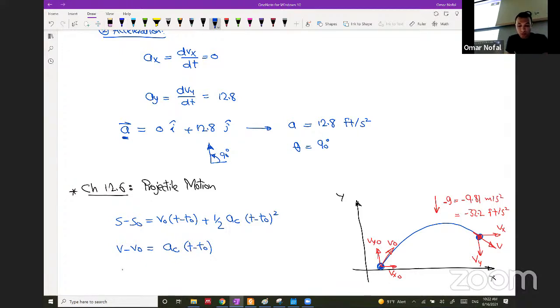And the final one, V squared minus V node squared, equals twice the constant acceleration multiplied by (S minus S node). These are the three equations, and you should replace the constant a by negative 9.81, or negative 32.2 if the problem is in feet.